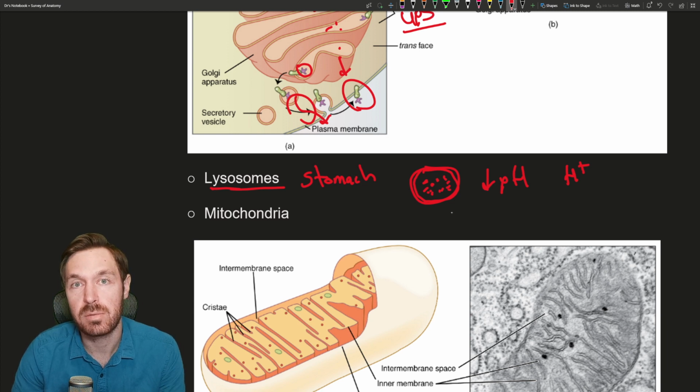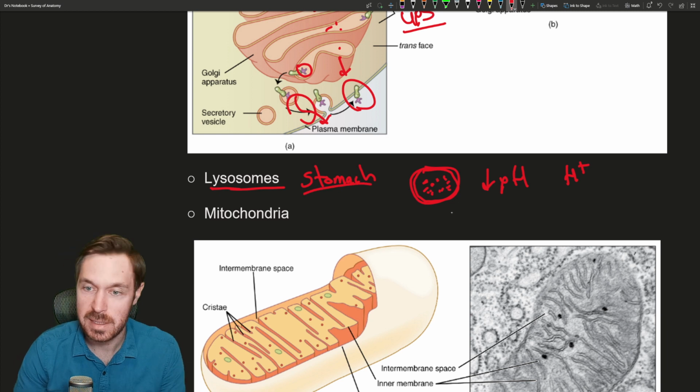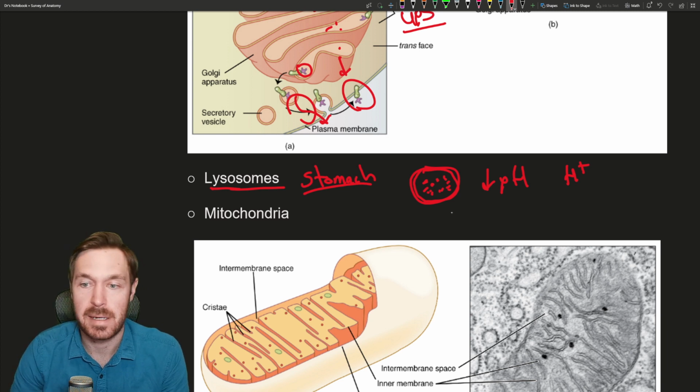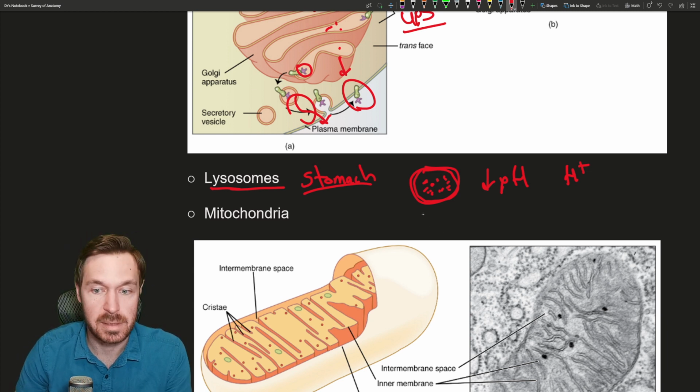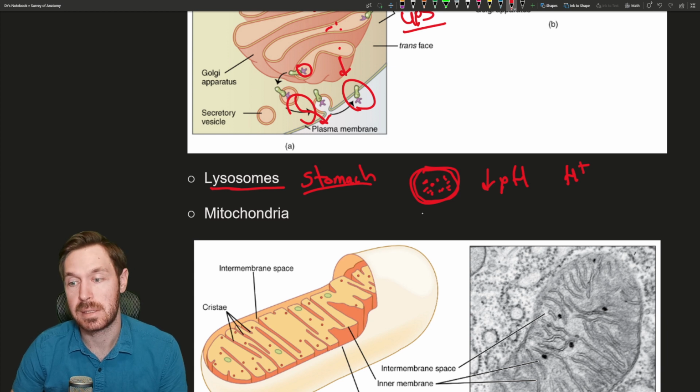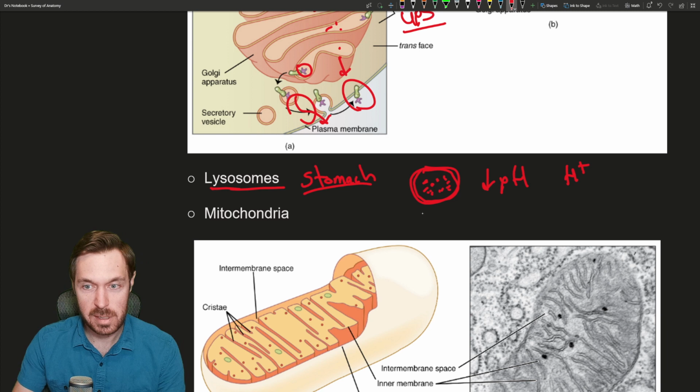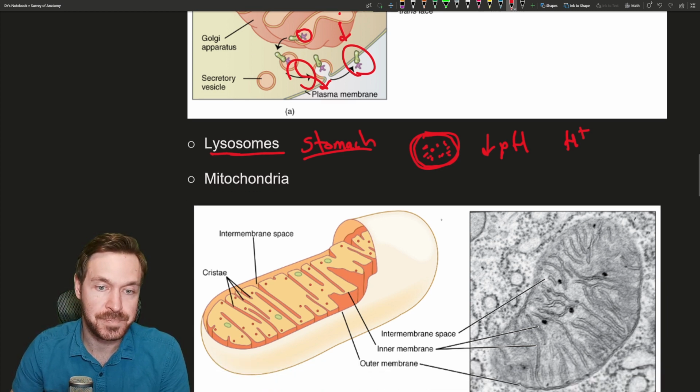When it fuses with whatever you engulfed, it breaks it down and digests it, kind of like a stomach does. So they lyse things, they break things down. Bacteria and things like that are broken down in these lysosomes. Damaged organelles and all sorts of stuff get broken down with these lysosomes so that the cell can use the parts of that for its nutrients.